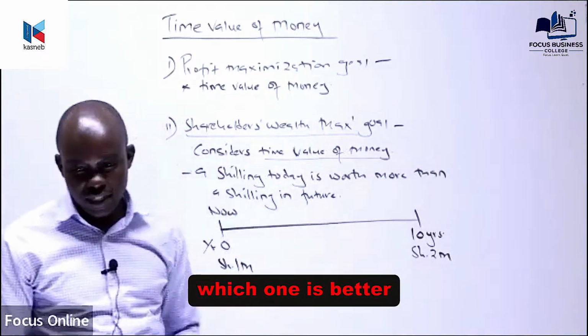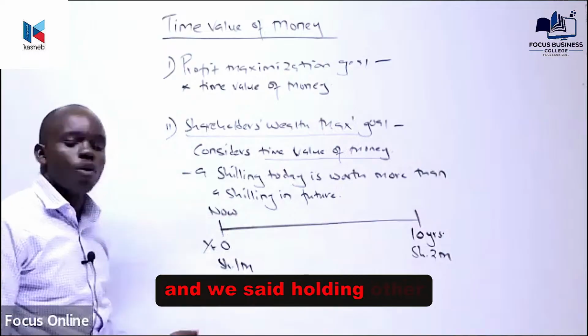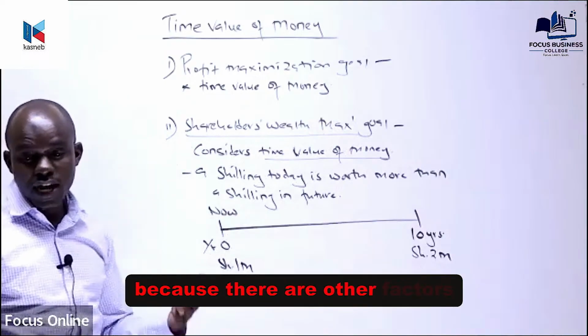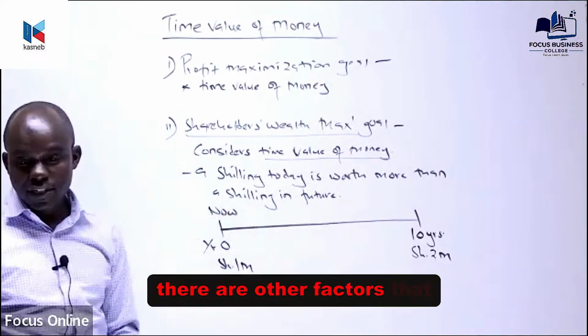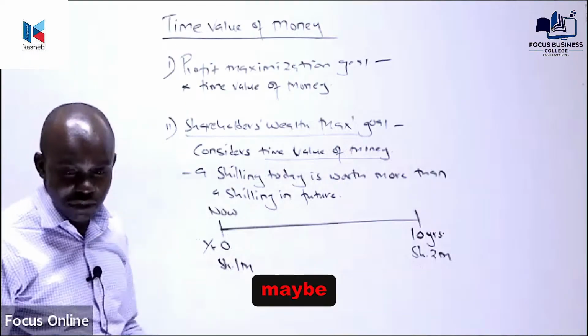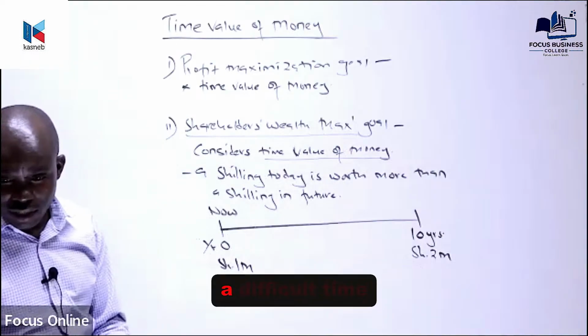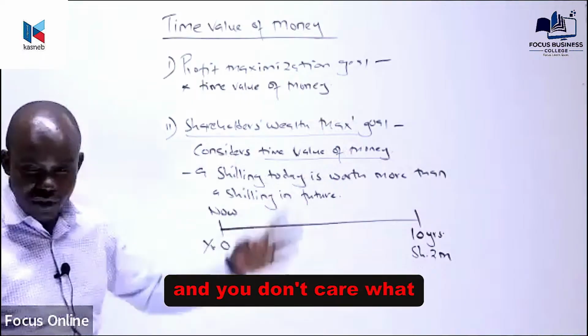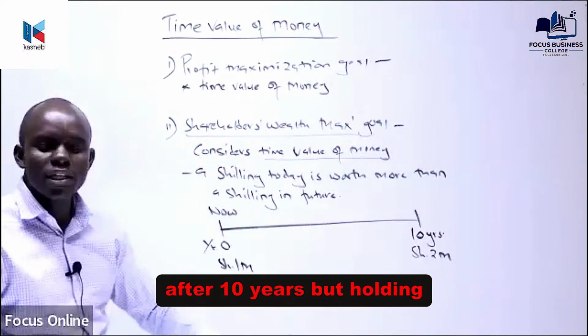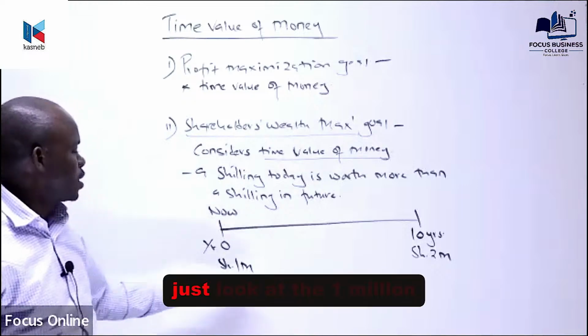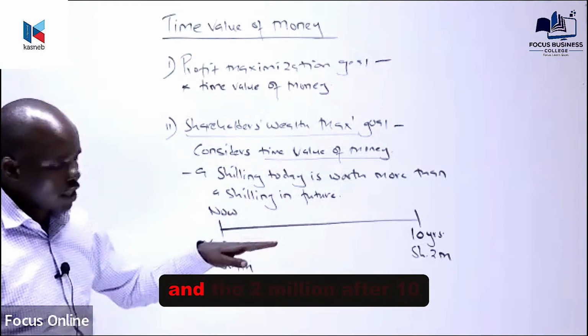Which one is better? And we said holding other factors constant, because there are other factors that can influence your decision. Maybe you are going through a difficult time and you don't care what you're going to get after 10 years, but holding other factors constant, just look at the 1 million now and the 2 million after 10 years.